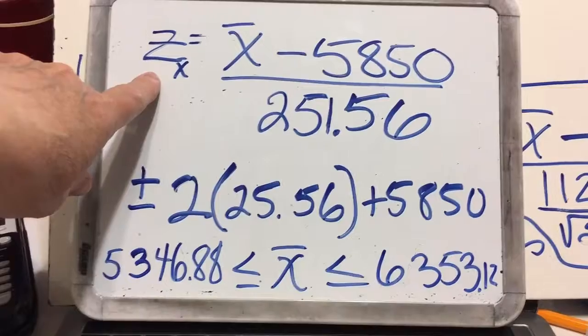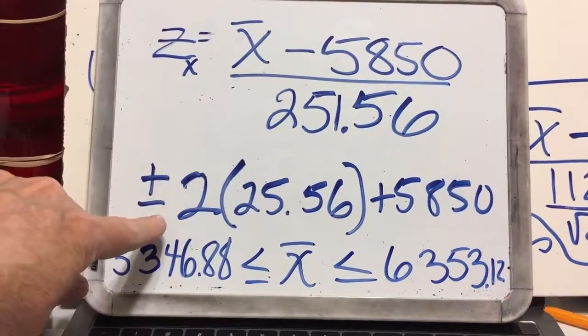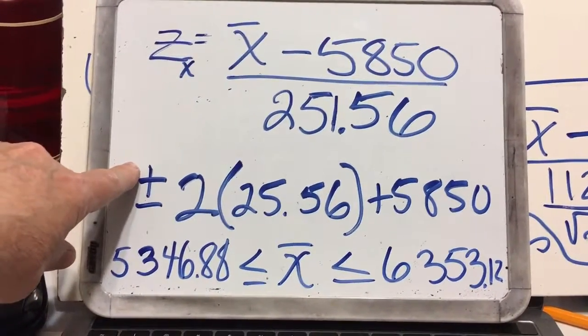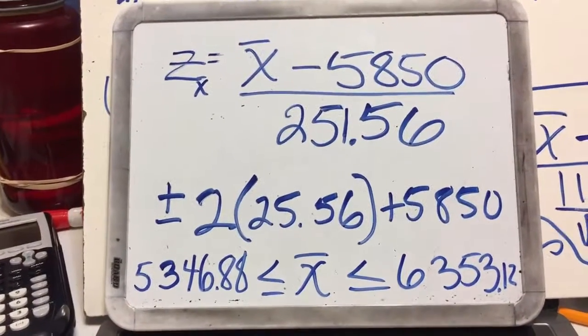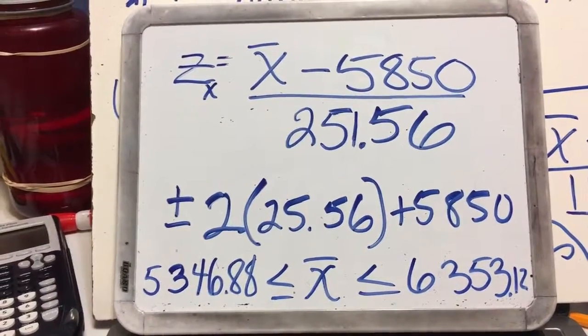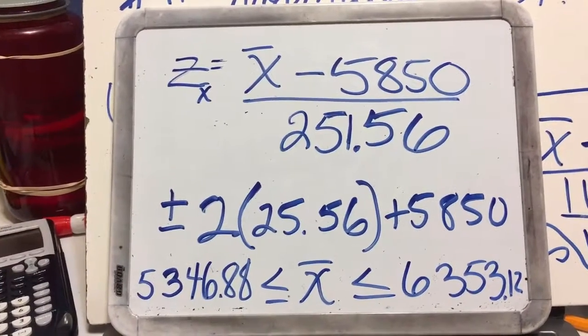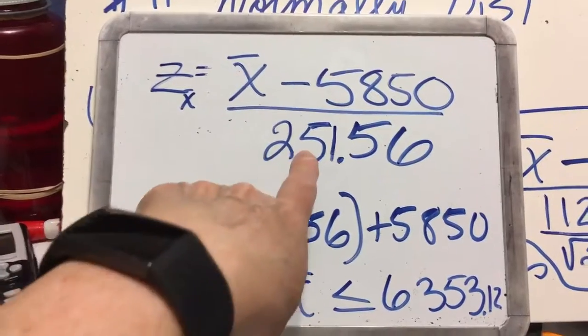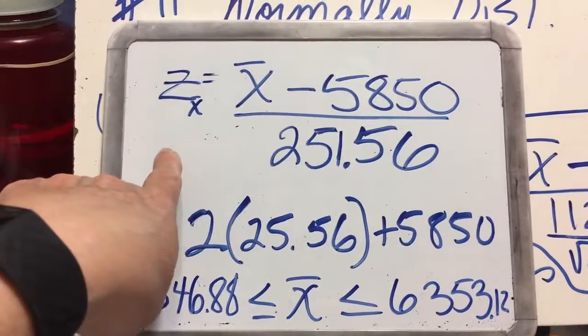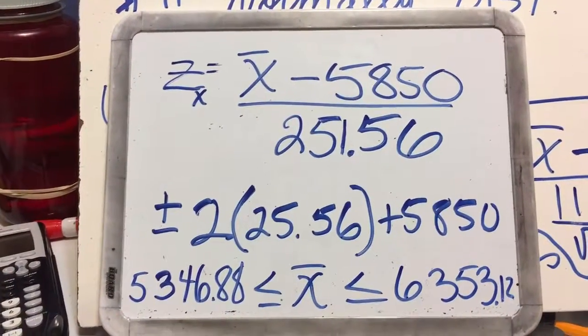So I'm going to let this z be either -2 or +2, because I'm trying to find those marks where it starts to go unusual. I'm going to start with -2, and I'm going to multiply both sides by 251.56.